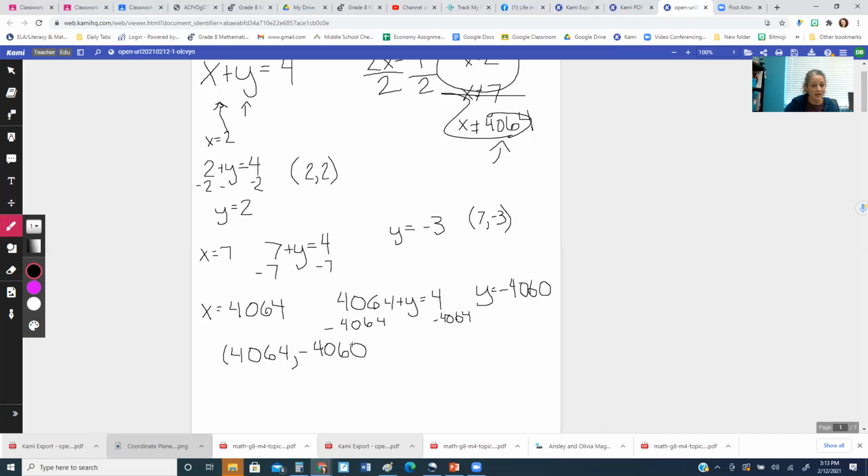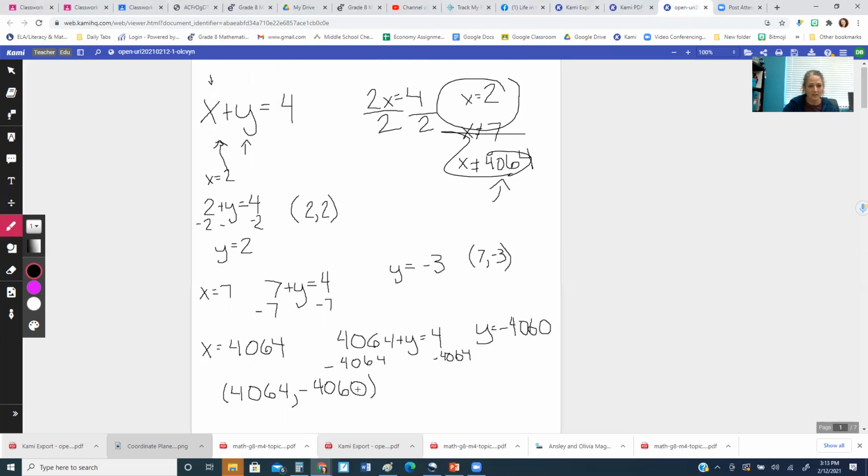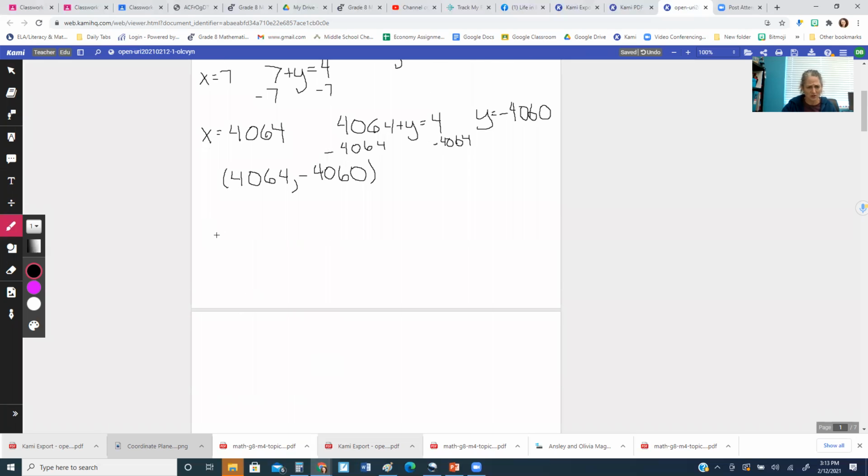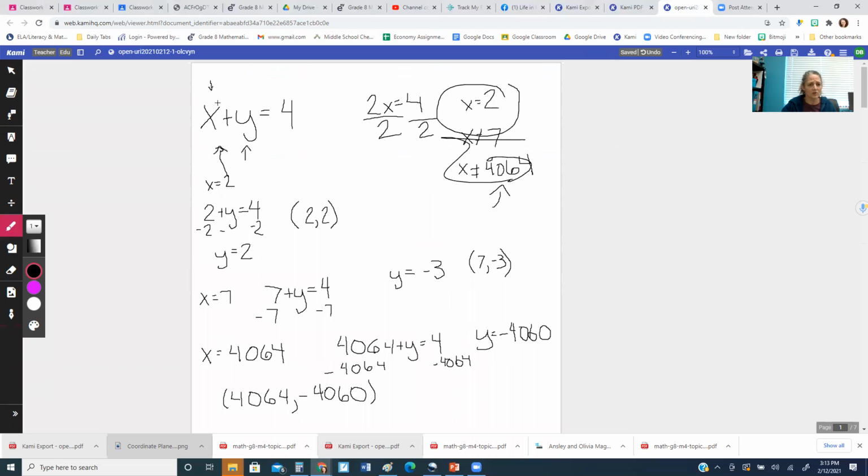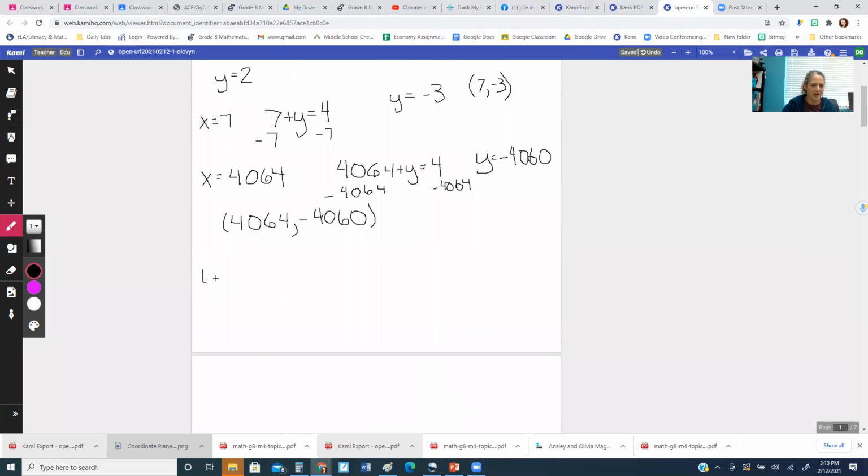Now, does that mean that I can only substitute in for x? No, I can totally substitute in for y too. I know that x plus y equals 4, so what happens when y equals 1? Or what happens when y equals negative 3? I know that x plus y is 4, so x plus negative 3 equals 4.